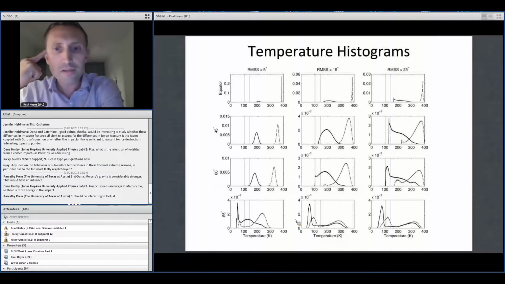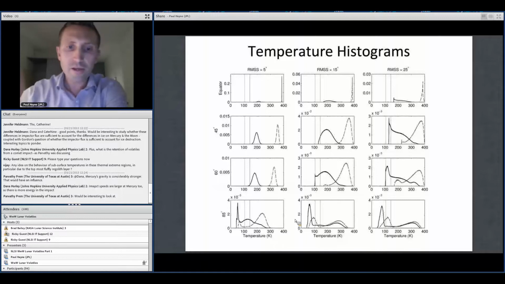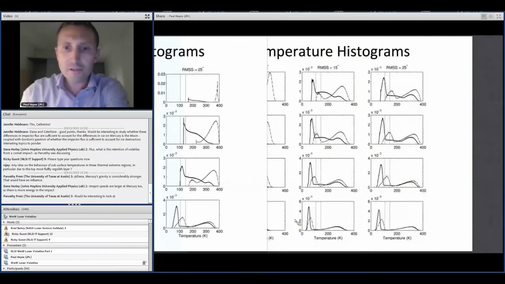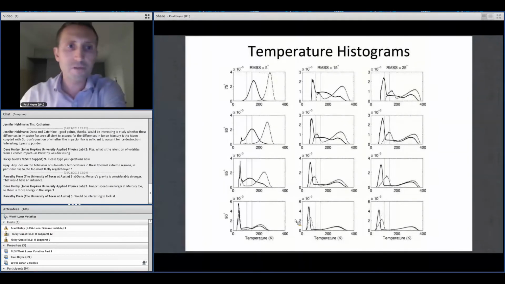And so you can see starting at around 60 degrees latitude, depending on the slope that you use, you'll start to pick up some subsurface ice, and then at higher latitudes you get stable surface ice in these little cold traps. The next slide is something similar, but just focusing on the higher latitudes.